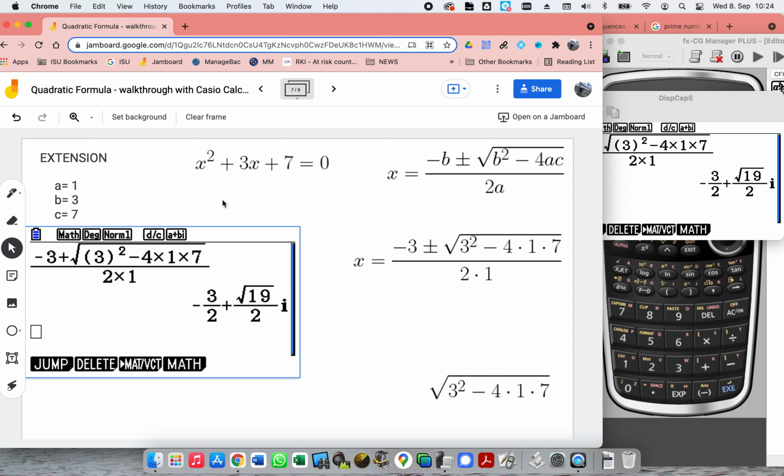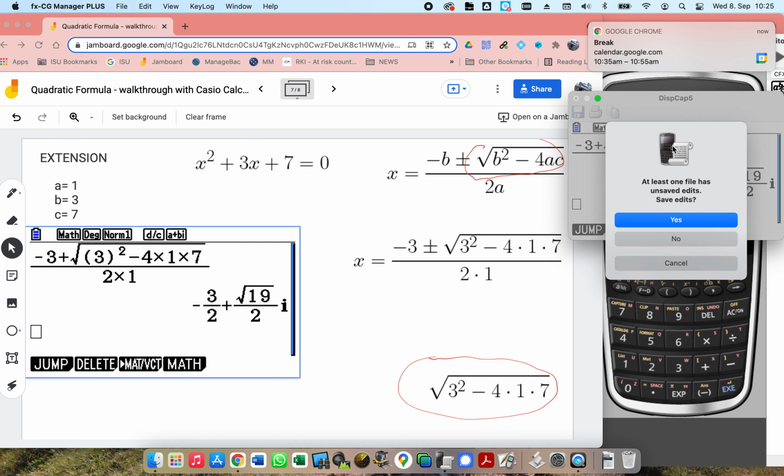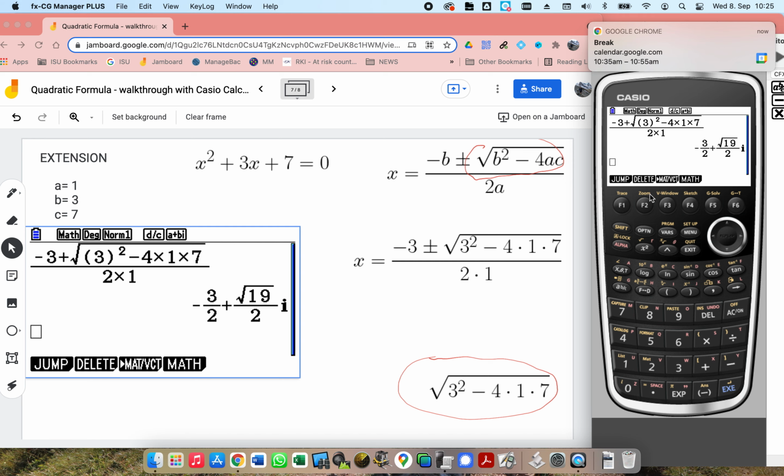It's to do with the square root. So it's this part of the quadratic formula, which I've evaluated down here. So if I take the square root, or even if I don't take the square root, if I do this, 3 squared minus 4 times 1 times 7.